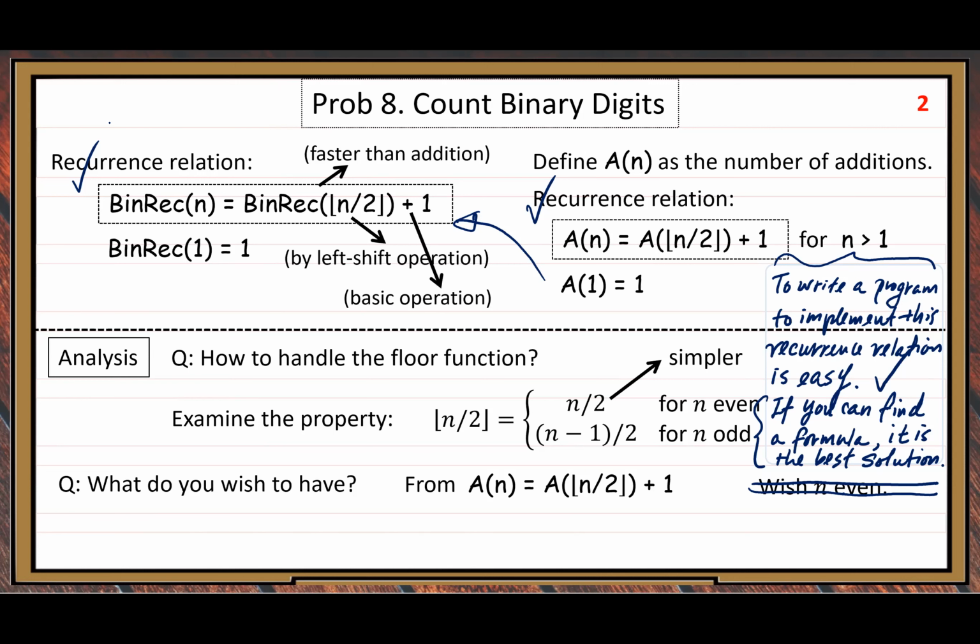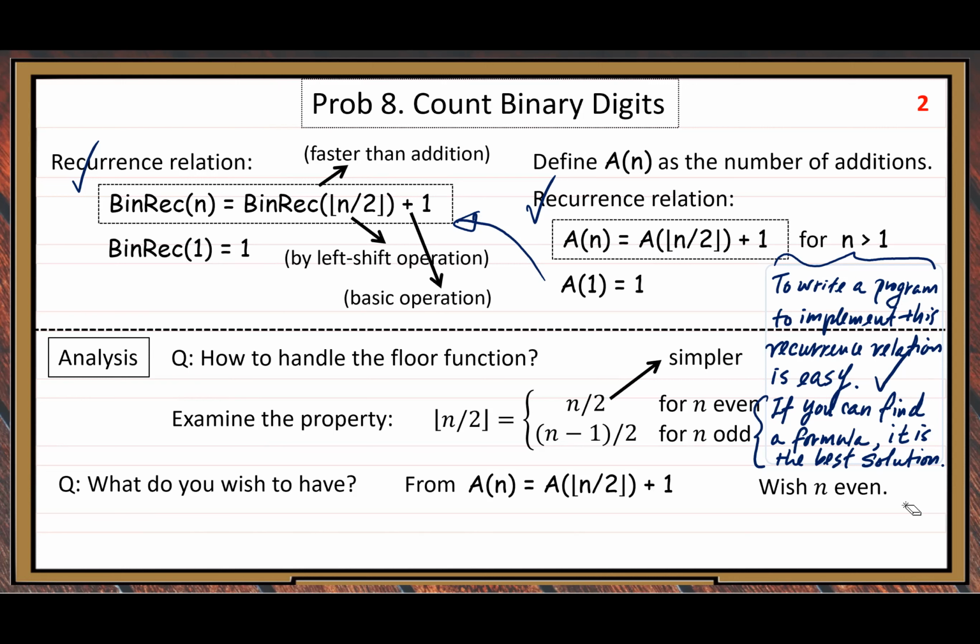So we want to look at this. We wish n even. Can we do that? Because when n is even, n/2 is already an integer, so we don't need that floor function. The floor function is gone. How about that? So here we make a wish. We have that freedom to do that. So we assume n is even.